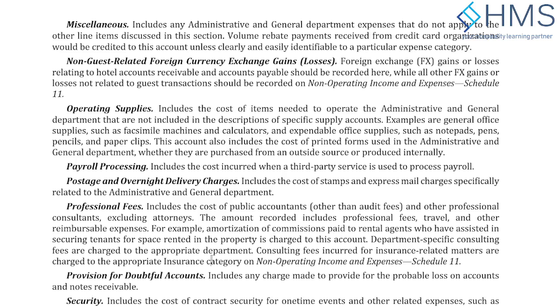Department specific consulting, HR consultants, security consultants will be charged to this account. If you are paying any expert, any agent for securing a rental for, let's say, your GM house, then the cost will go into this expense as well.